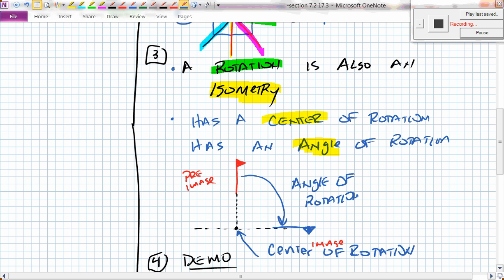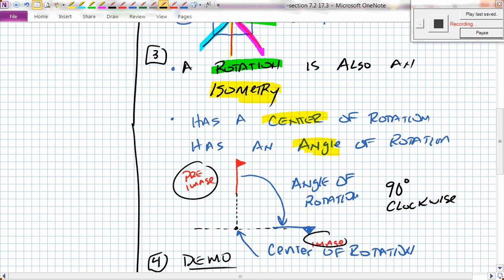How would you describe that rotation? 90 degrees, which way? Let's use clockwise or counterclockwise. It would be 90 degrees clockwise, because my pre-image is over here and my image is down below, moving to the right. Notice that the flag is still the same shape and same size, so it's an isometry, because rotations are isometries. We're going to do two demonstrations of that with our compass up next. Any questions before I change screens?